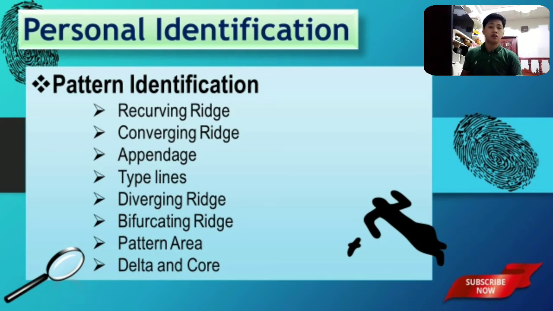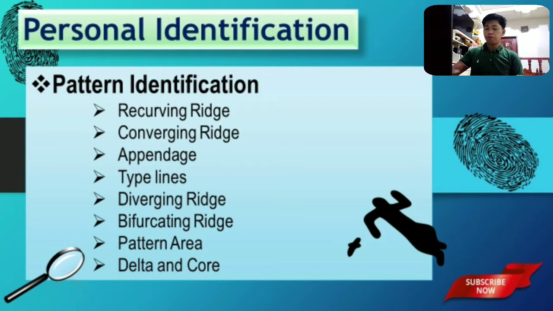These are patterns that we should be familiar with, especially when we proceed to identification and comparison. There is the recurving ridge, converging ridge, appendage, type lines, diverging ridge, bifurcation, pattern area, delta, and core. These are the significant terms or patterns that we should familiarize ourselves with before we proceed to the deeper part of personal identification techniques, especially fingerprint identification.